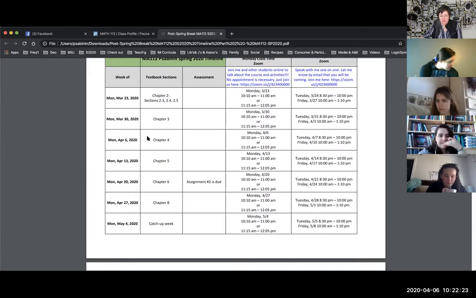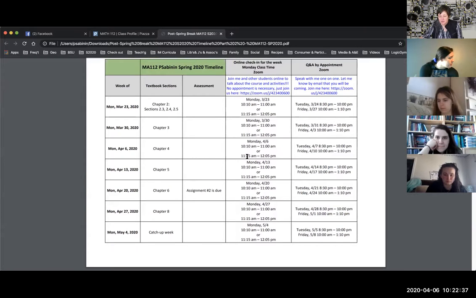So starting this week, we're focusing on chapter 4, or catching up on anything done before if you haven't had a chance to finish that. And these are the times during which we meet. So the Monday class time is when we all meet together, and then the Tuesday and Friday is if you need help or if you have specific questions.